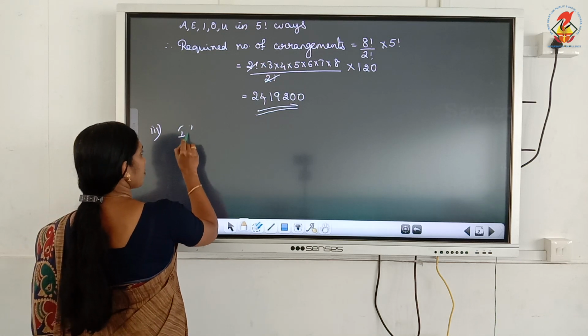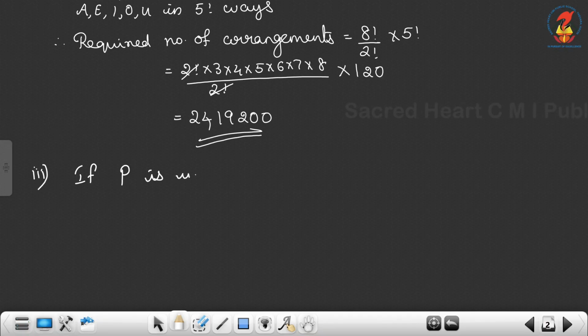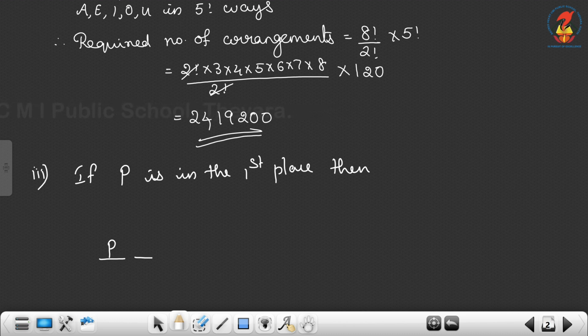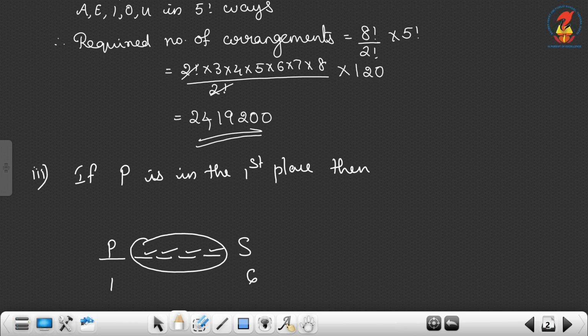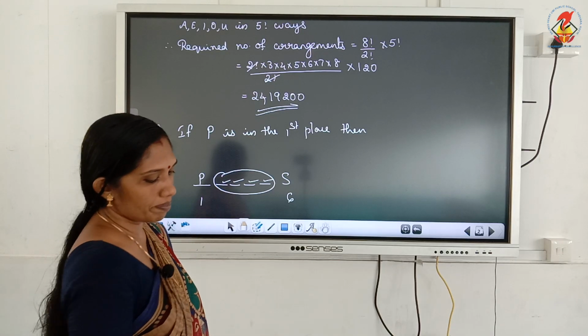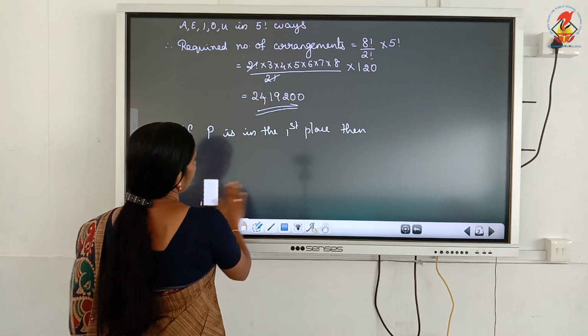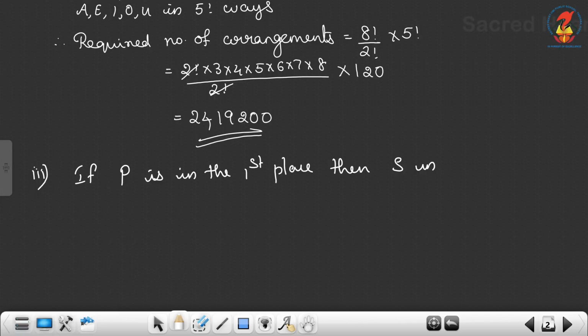So if P is in the first place, then S must be in which place? Between P and S there are 4 places: 2, 3, 4, 5, so S must be in the 6th place.